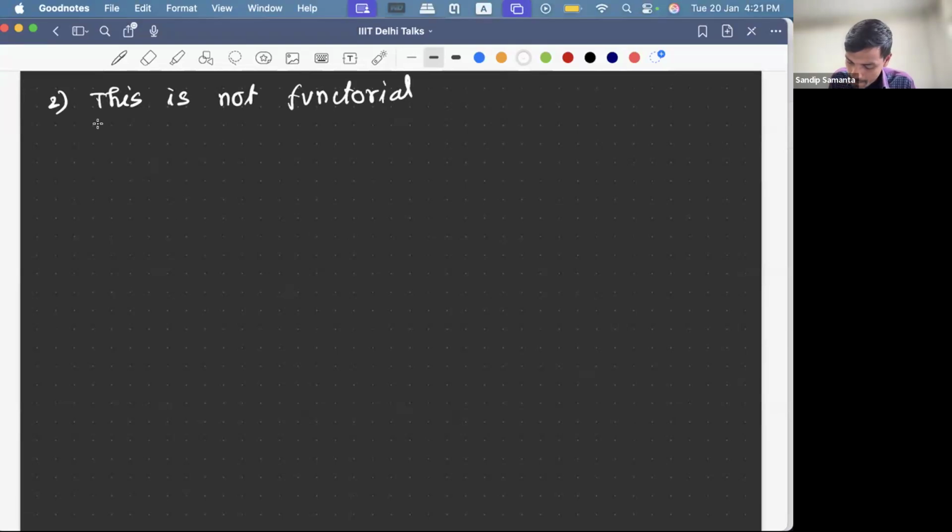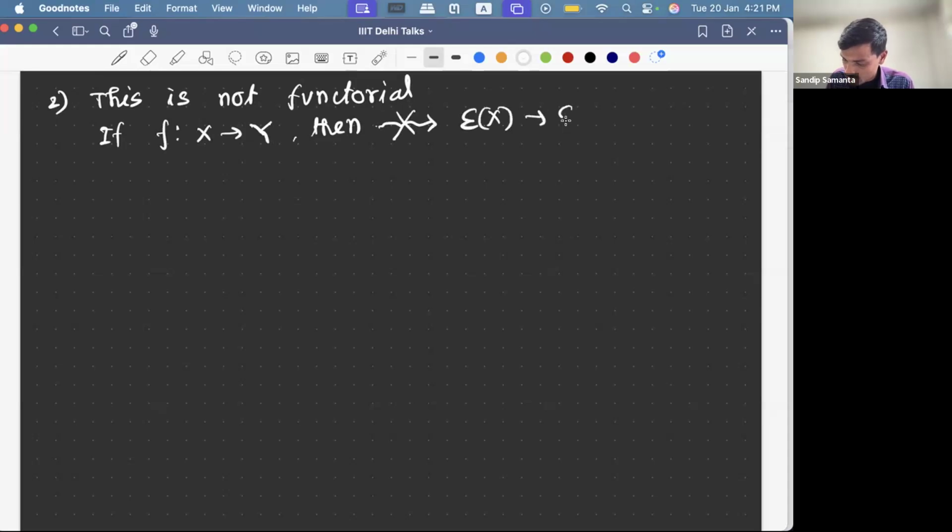That means if we have some map from X to Y, let's say, then that does not induce a map from E(X) to E(Y), or in the other way. In neither direction does it induce any map, because after composing just by an arbitrary map, you can't guarantee the homotopy equivalence. But this is all still not bad.